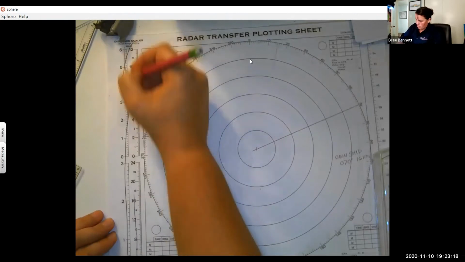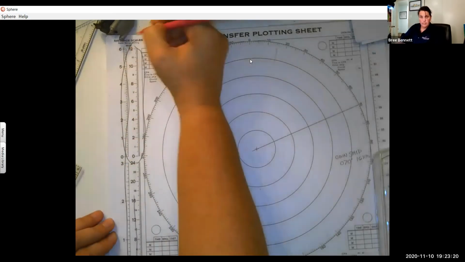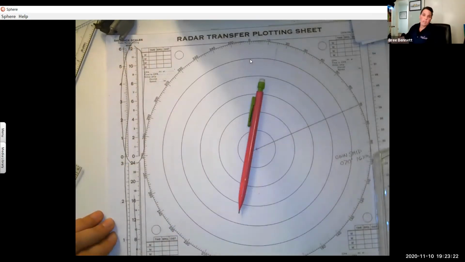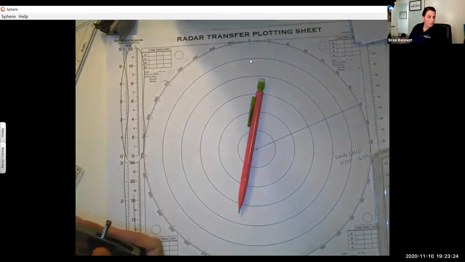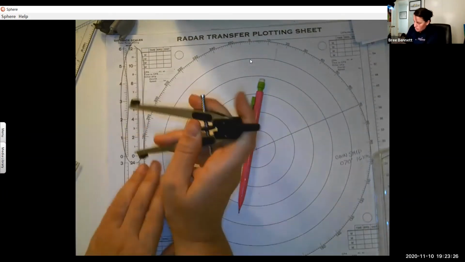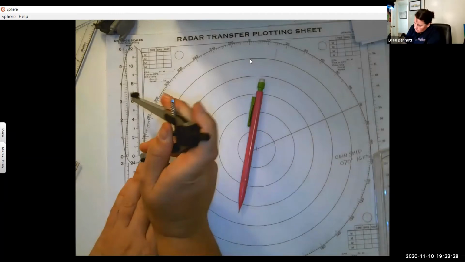I'm going to use the 12-mile scale and find 10.8 miles using my dividers.